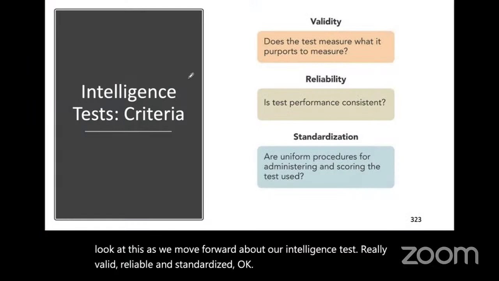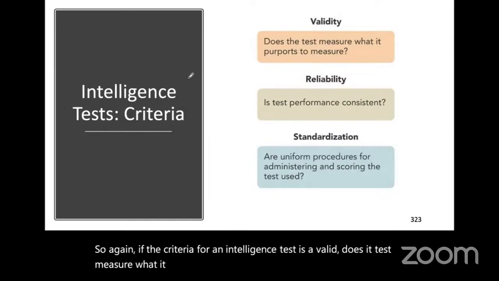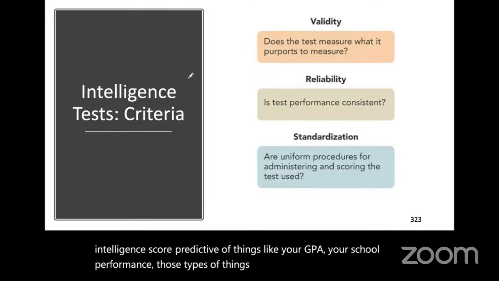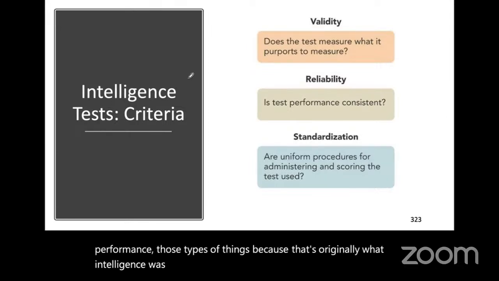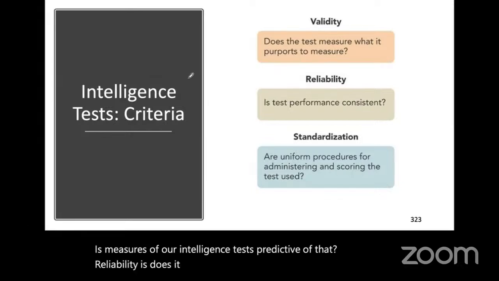The first criterion is validity: does the test measure what it purports to measure? For example, is your intelligence score predictive of things like your GPA and school performance, because that's originally what intelligence was trying to measure, academic performance. Reliability asks whether test performance is consistent.